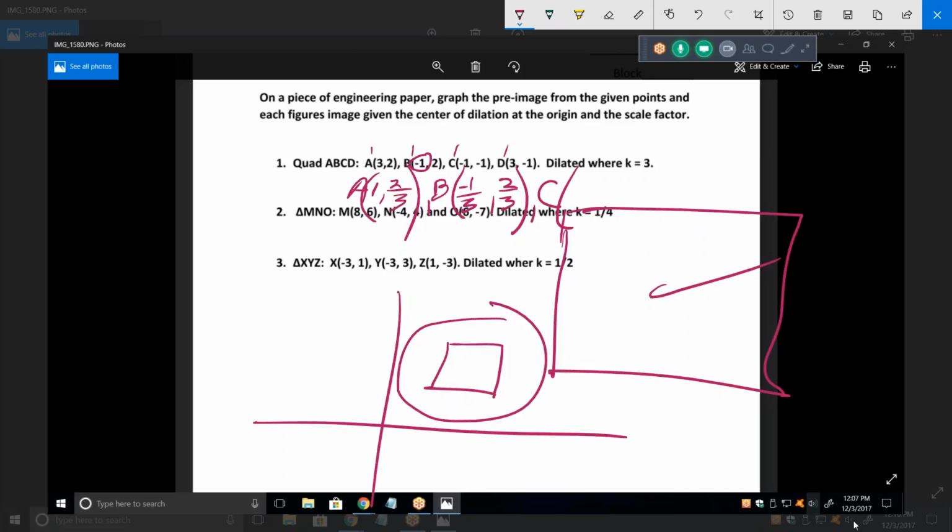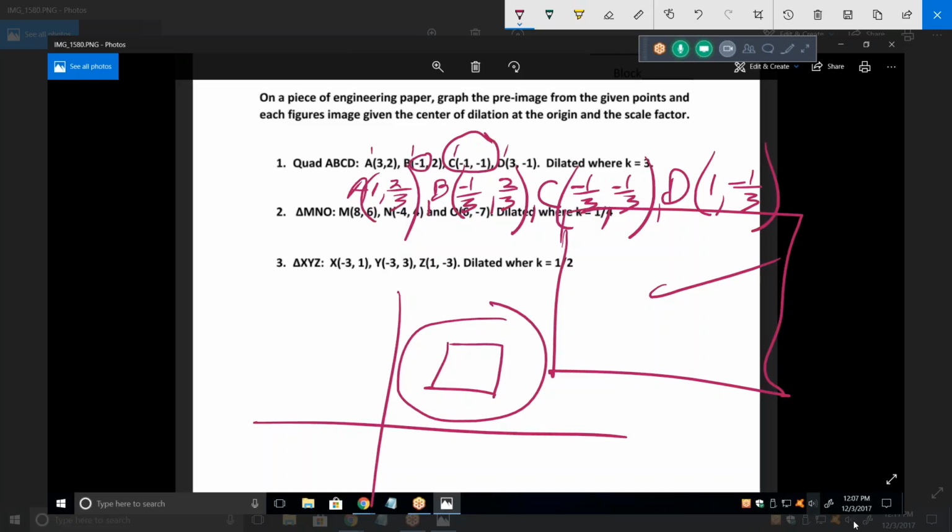For C. We're doing C. Taking every number you see. -1/3. -1/3. And D. 1 and -1/3. Yeah.